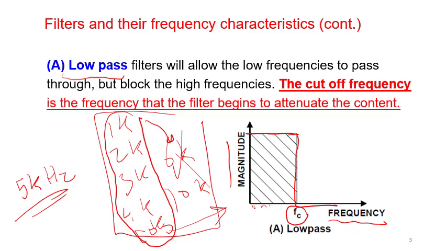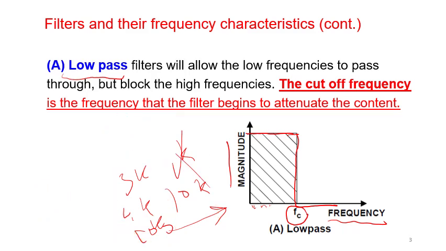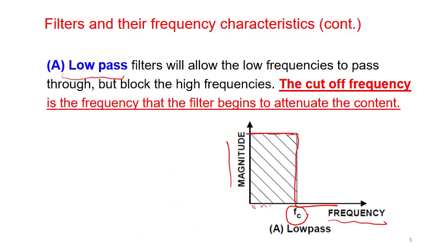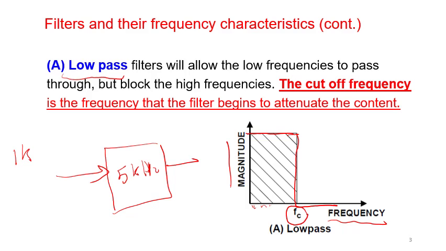So let us assume that this is the circuit. Here is the input signal, and here is the output. When I enter a signal, let's say the cutoff frequency, as I said, is 5 kilohertz. Let's say the signal that enters is a mixture of 1K, 3K, 4K, 10K, 50K, all in hertz.